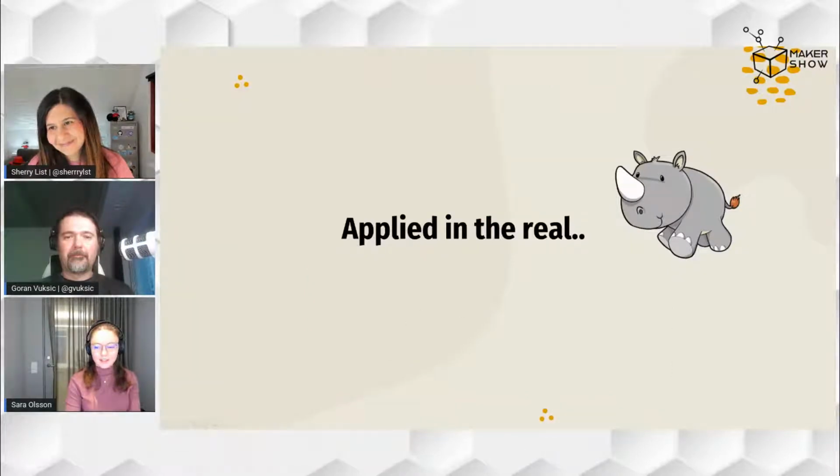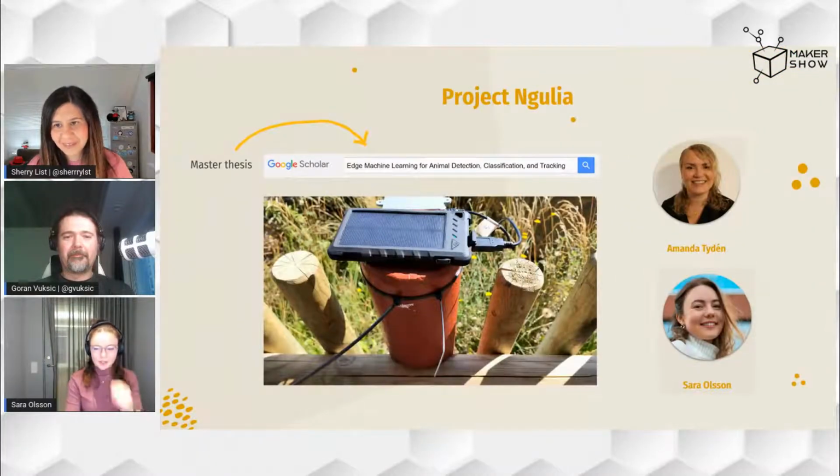And I'd be happy to show some real usage of camera traps. At university, when it was time for the master thesis, I was very eager to find a way to apply computer science with animal conservation.